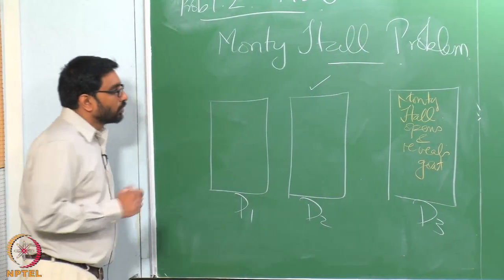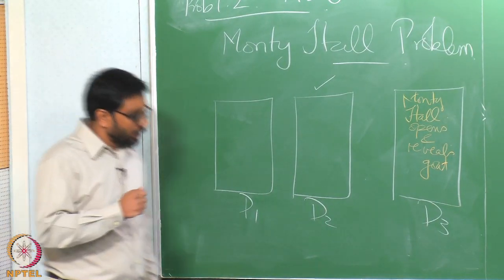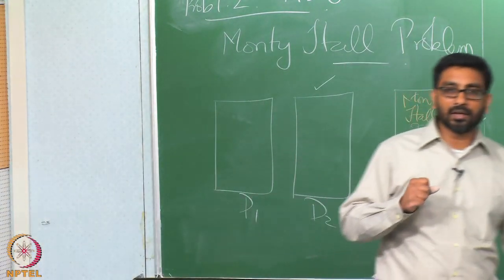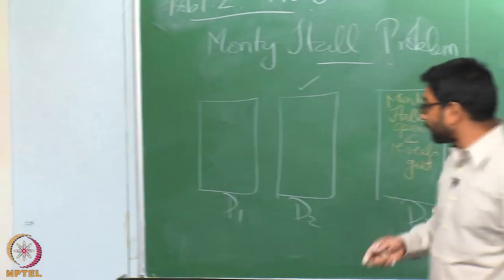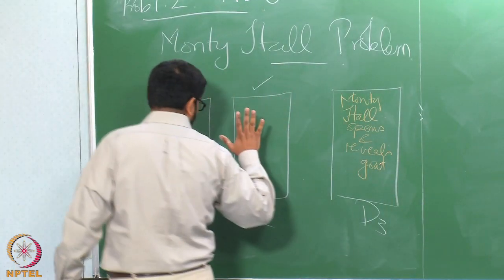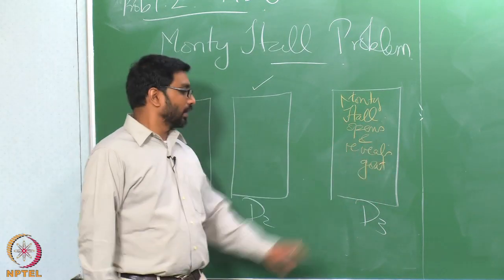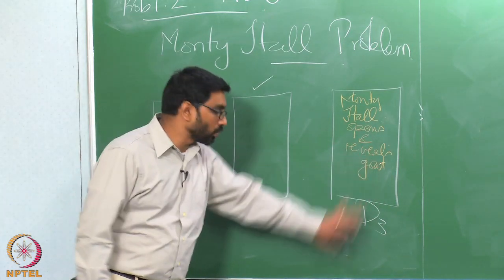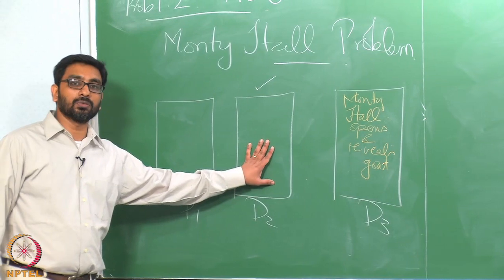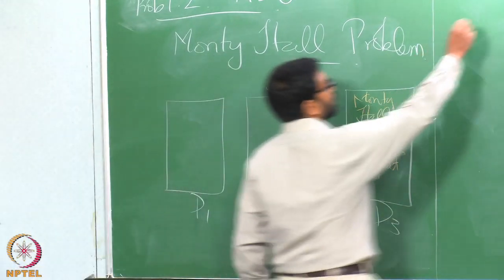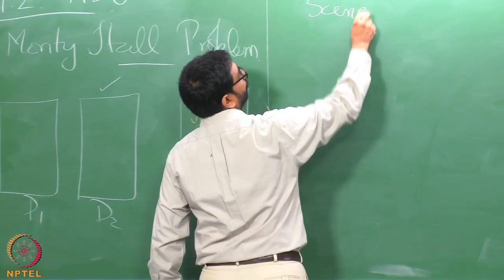Let's try to analyze these 2 scenarios. One scenario: you choose a door, Monty Hall reveals another door where he has a goat, but you choose to stick to D2. That is scenario 1.